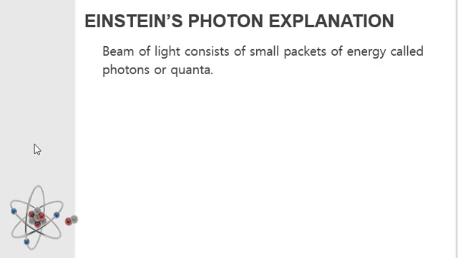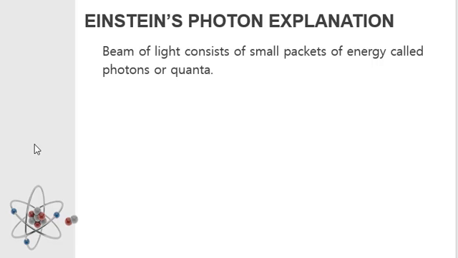So that's why we have Max Planck's constant h. So the energy of the photon is hf. h is the Planck's constant, and f is the frequency. But as I have mentioned, it's not continuous.